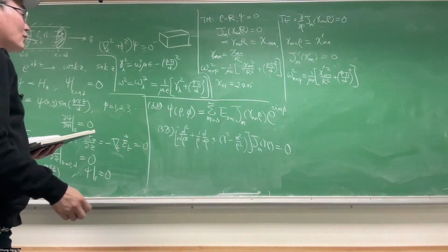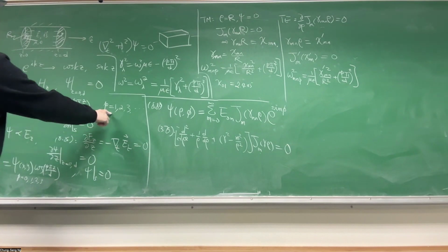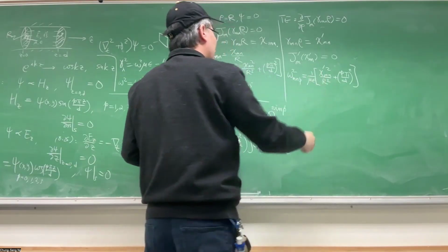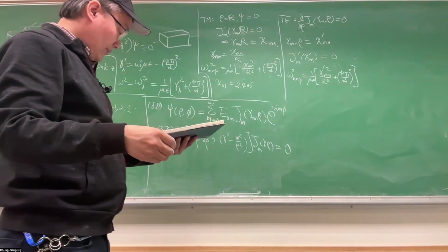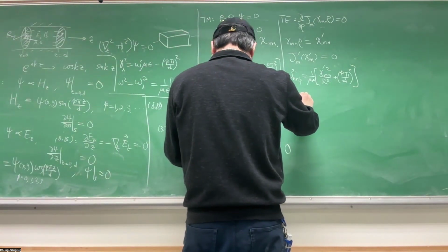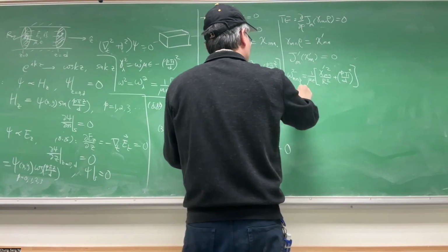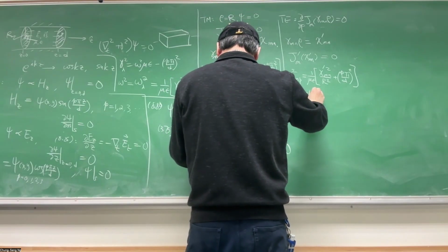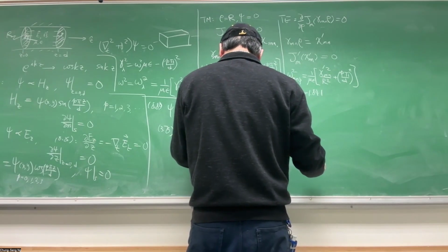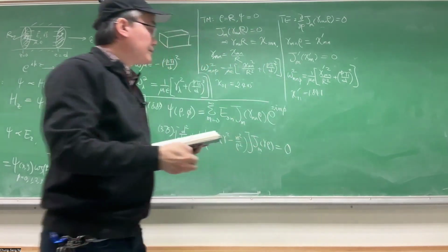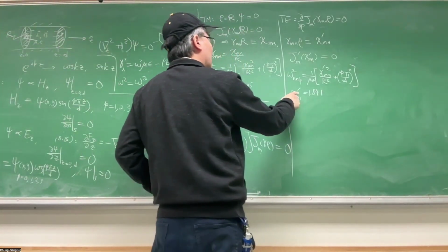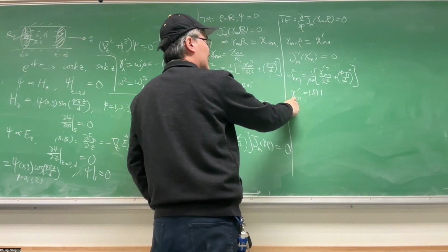Okay, so the lowest p is actually 1. So you must have a 1 here, so you cannot drop this term. But then the lowest x prime mn, by the table, is actually given by x prime 11, which is 1.841. Okay, and this is for the first zero of J sub 1 prime, right?